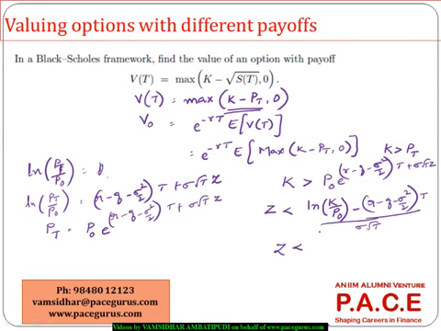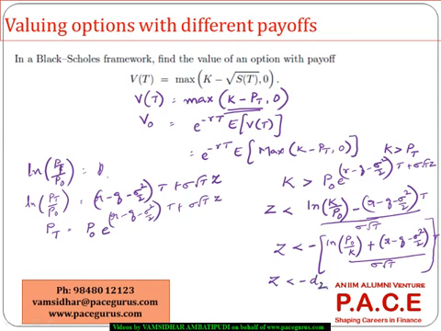So it is also being said that Z is less than, if I am taking a minus out, I can write it as log(P0/K) plus (r minus q minus sigma squared by 2) T, divided by sigma root T, which is coming out as Z less than minus d2.